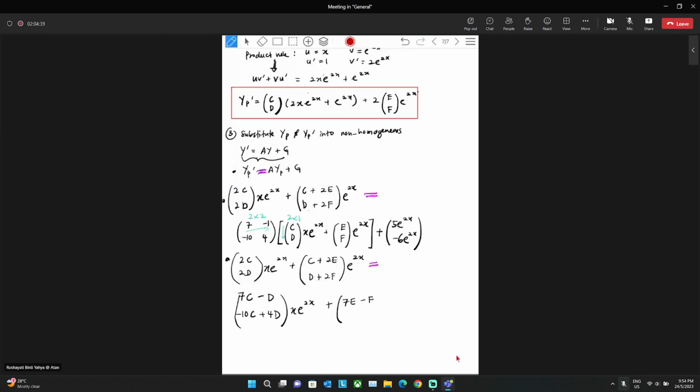Okay. For the bottom part, minus 10E plus 4F minus 6 for this exponential 2x coefficient.